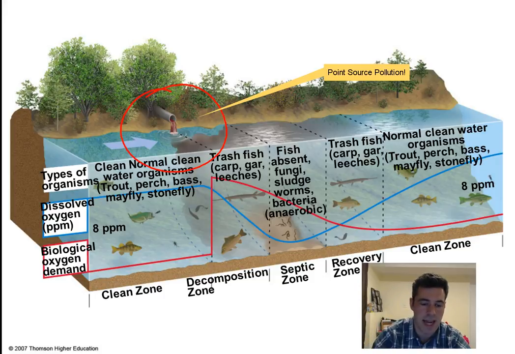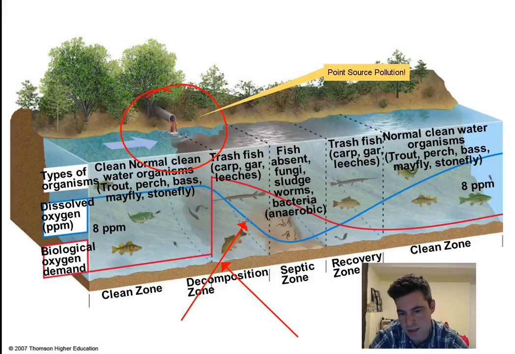Not good. If we look at the main point where the sewage is being dumped in, you get a rapid increase of the BOD. When that occurs, you get a rapid decrease of dissolved oxygen levels. And then you get a septic zone that takes place.